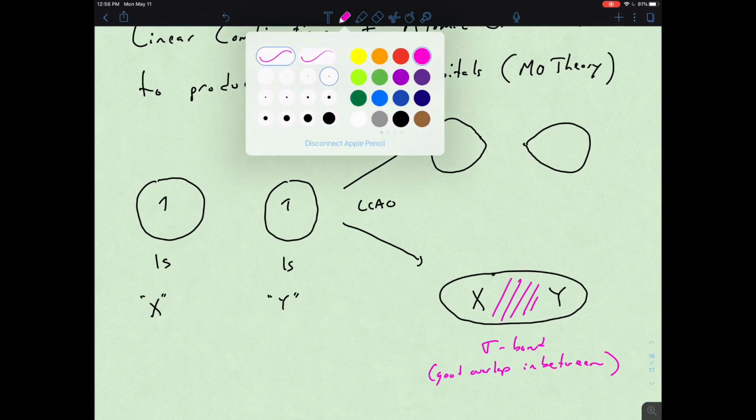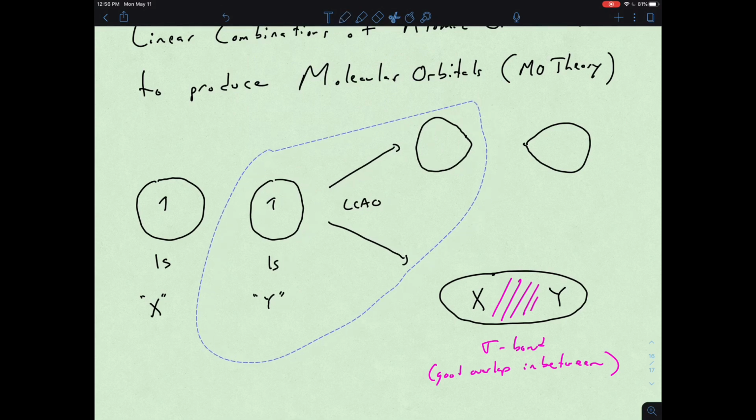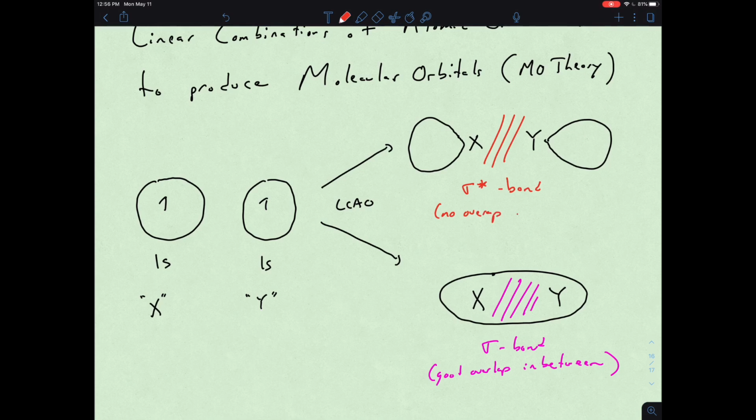And then if we go up top, we could draw X and Y again. I'm going to give a little bit more space here. And this is what will be known as the sigma star bond. And notice that there's no overlap in between.